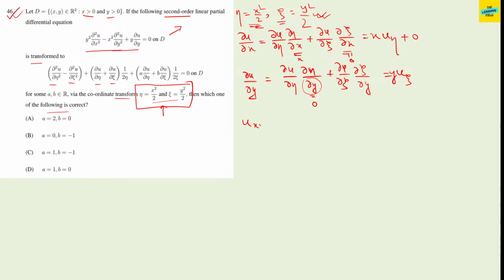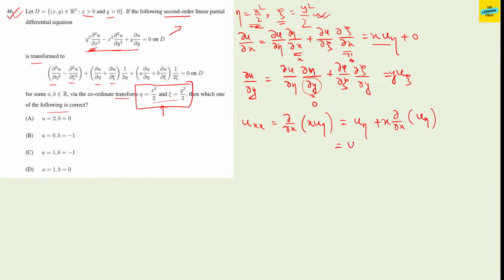Now we need u_xx, so u_xx is equal to ∂/∂x of u_x, and the value of u_x is x u_η, so we put x u_η. This is the rule for multiplication: first we write u_η, since ∂x/∂x is 1, plus x ∂/∂x of u_η.